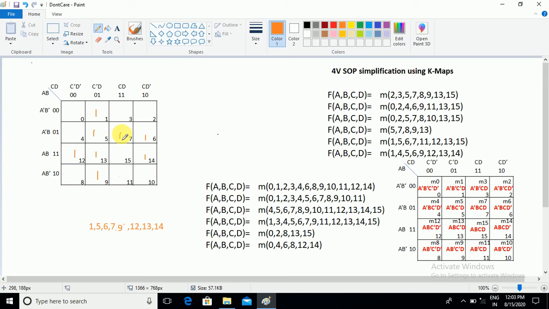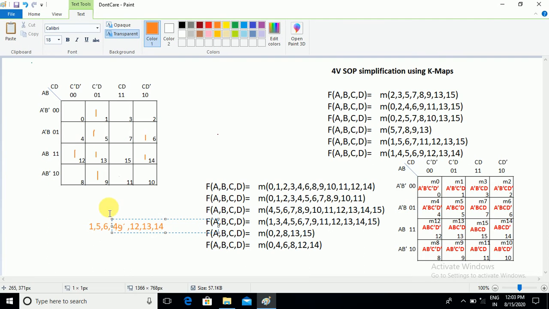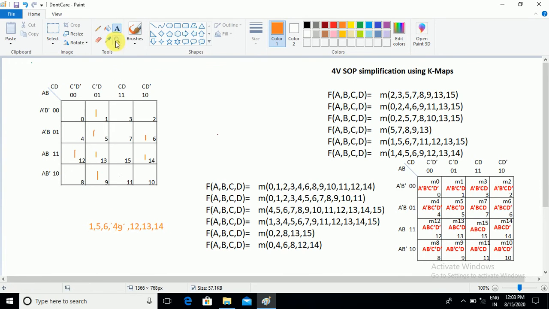And here also not 7 if it is a 6. If it is only 6. 1, 5, 6, 9, 12, 13, 14. Okay, 4 also there. Okay. Now what will be the answer for this question?